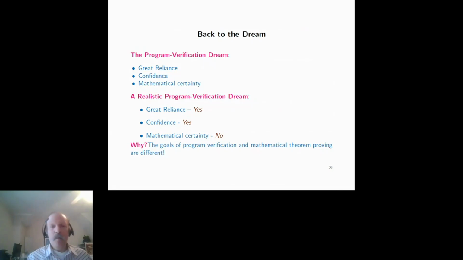And I think by promising mathematical certainty, Hoare went, as I said, a bridge too far, and this is not realistic and not attainable. And in fact, this is really what Lamport already said in his 79 letter in response to De Millo, Lipton, and Perlis.